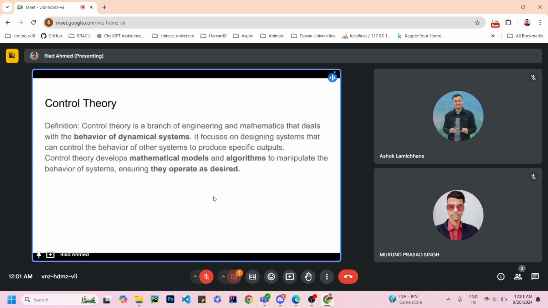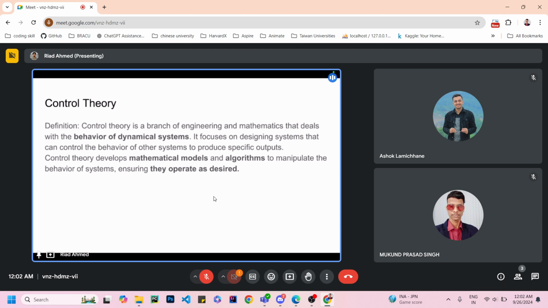A controller is basically a mathematical analysis. You should have some mathematical formula or mathematical definition within your controller that the controller needs to match or follow, and those algorithms help you analyze the behavior of a dynamical system. So what does a dynamical system mean? It means that the behavior of your system is not static.